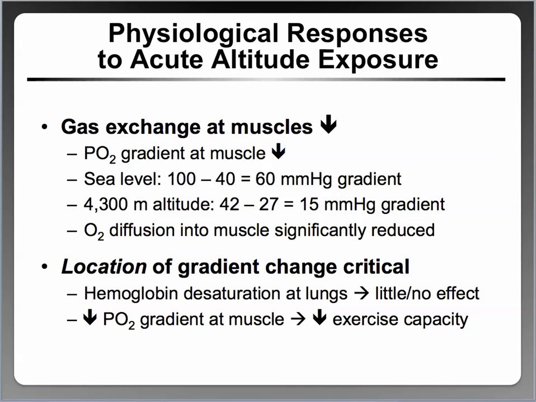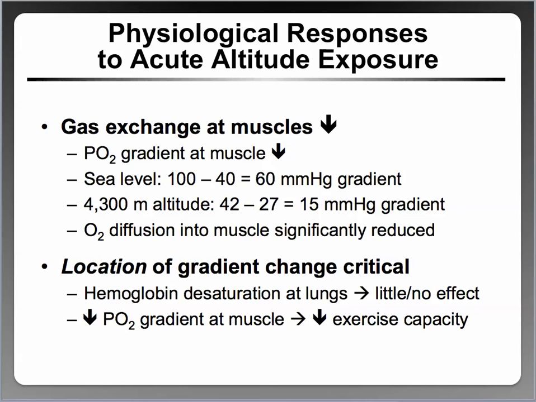You can see there at sea level, there's a 60 millimeter mercury gradient. However, at altitude, there is a 15 millimeter mercury gradient. So it's a lot harder to drive that oxygen into the musculature. It represents up to a 75% reduction in the diffusion gradient.